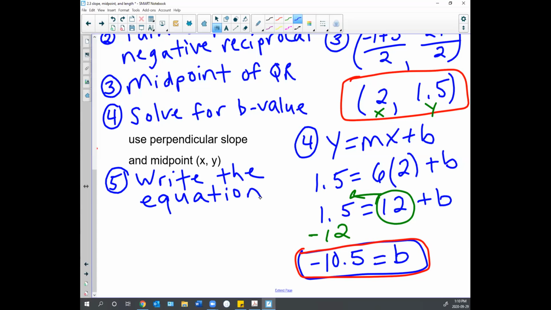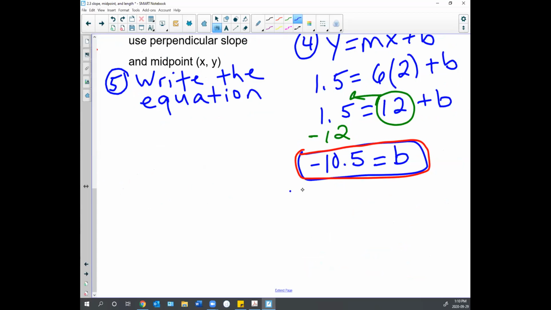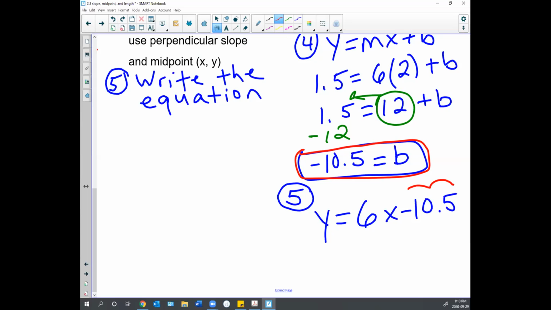What's my final answer? Perpendicular slope was 6. My b value is negative 10.5. This is ultimately what I'm looking for. So this is my final answer.